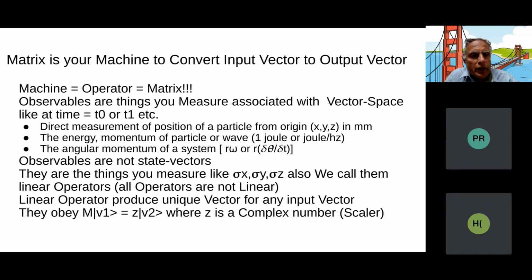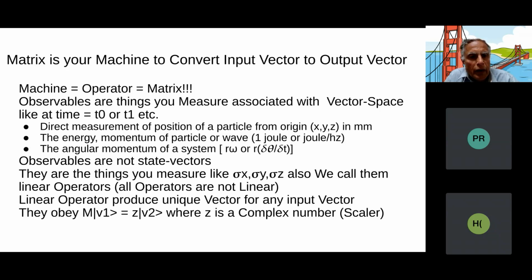That's the position vector, and if we can measure that vector, that is the observable, the equivalent of measurement, if we get some tangible numbers, for example 1 millimeter. In the same way we can talk about the momentum of a particle like a wave, and say it has 1 joule or 1 joule per hertz as some measurable thing associated with the observation.